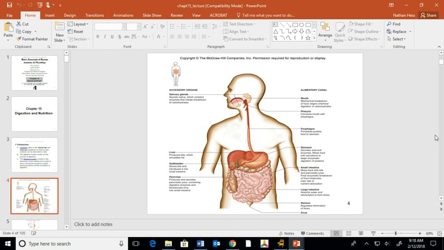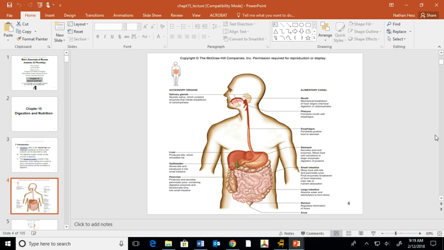So let's talk from basically where we begin all the way through. At the very top, you have your mouth. What's the point of your mouth? To eat, to enter the food into the alimentary canal, right? In the mouth, there's a couple of different organs, and we're going to talk in more detail about all of these.